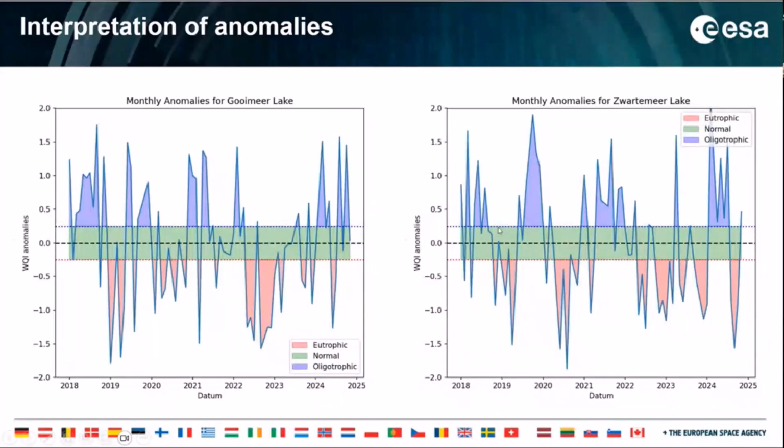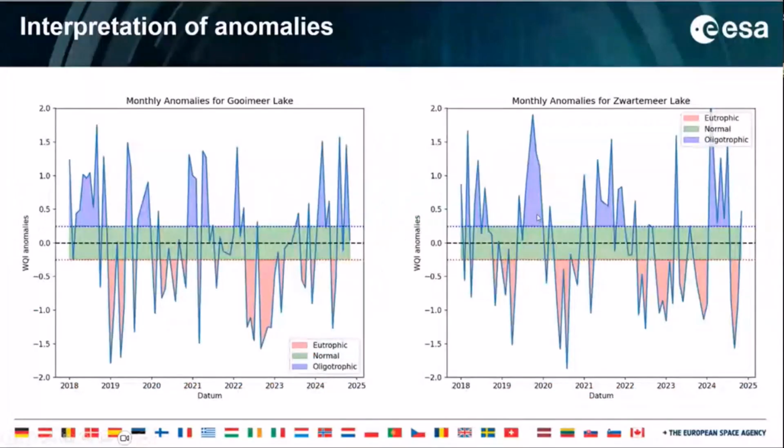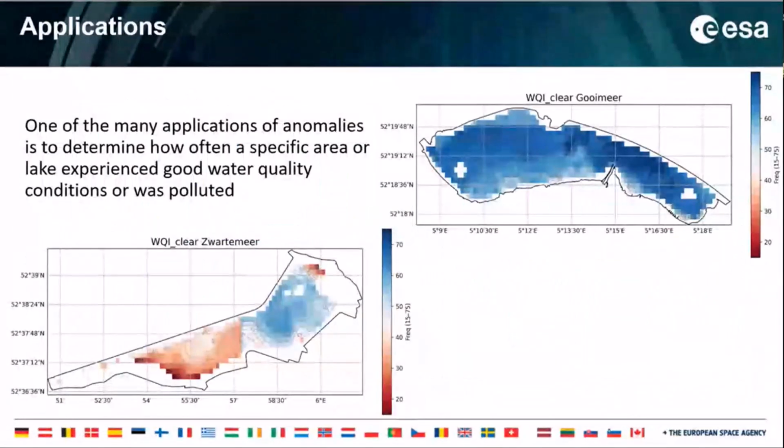One of the applications of these anomalies, for example, I give you here is the same two lakes. I switched them, but the same two lakes, I use the anomalies, and then I count how many times the water was clear, and I just put the count here. So this is the frequency in months.